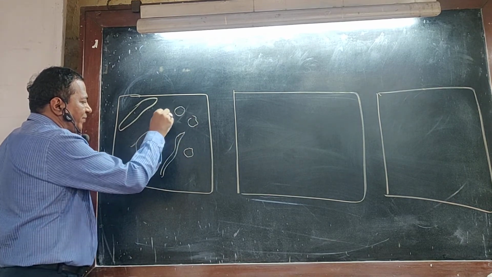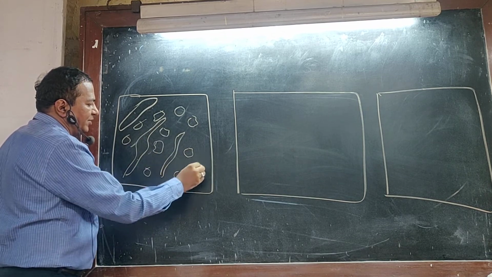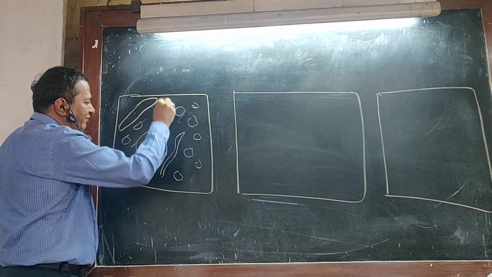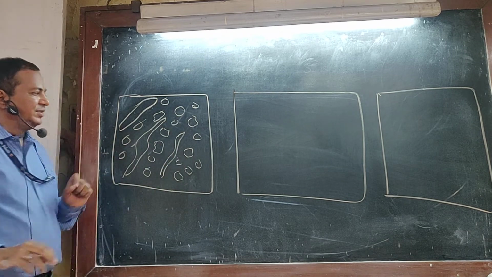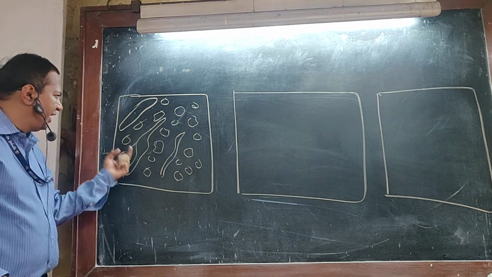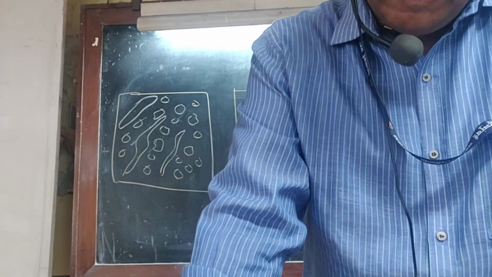Whenever you see villi, they are sectioned at various levels, right? Some villi you will see are large anchoring villi, and other villi you will see like this. These are called the floating villi.